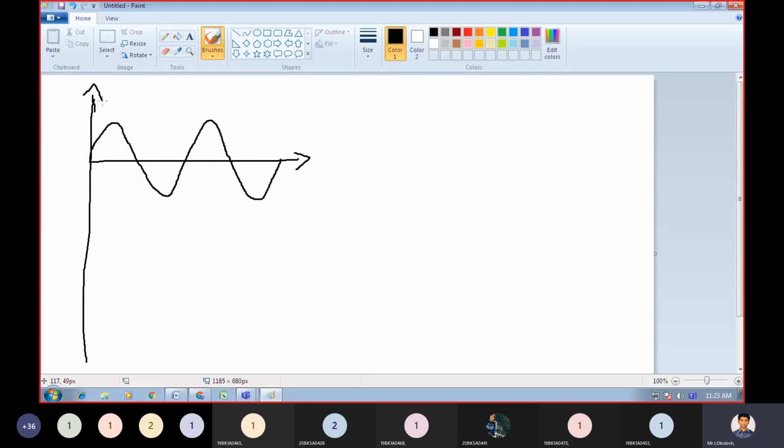This is the input. Vm is the amplitude of the input signal. From this axis you need to take Vi value, and from this axis you need to take the time period t.